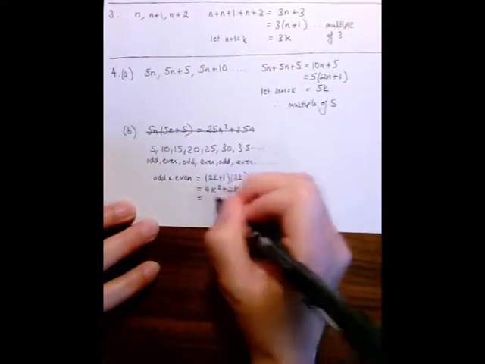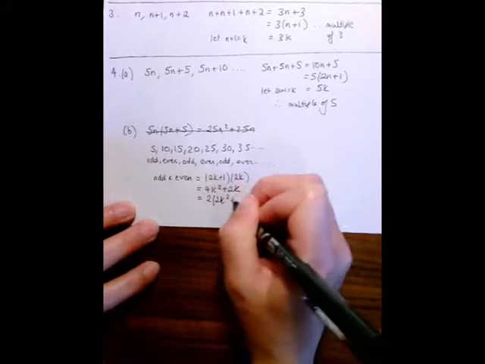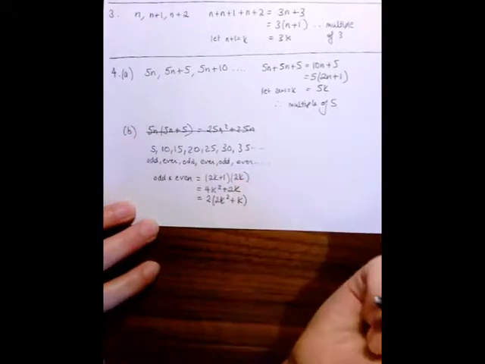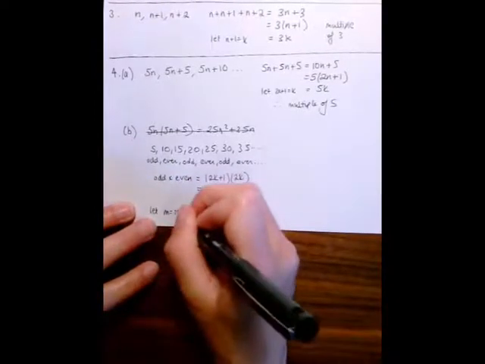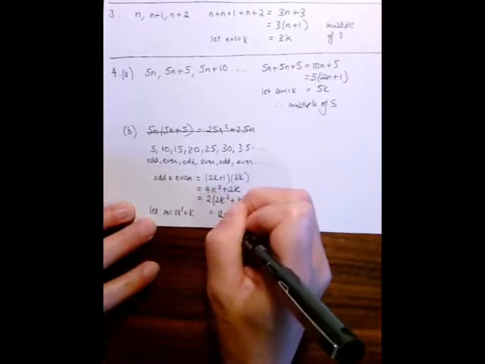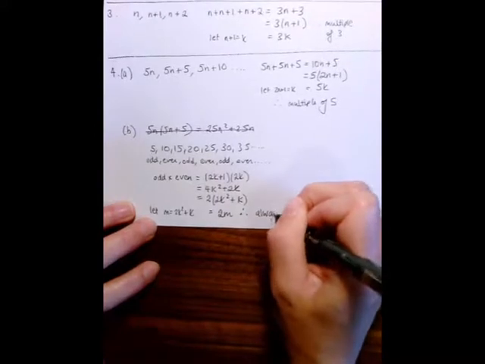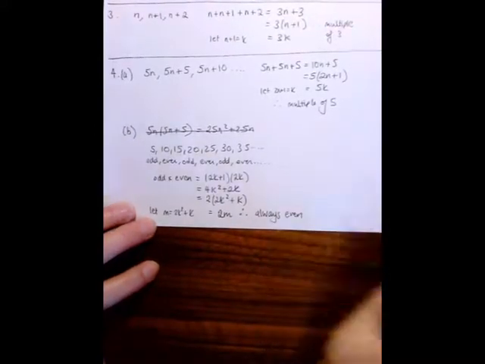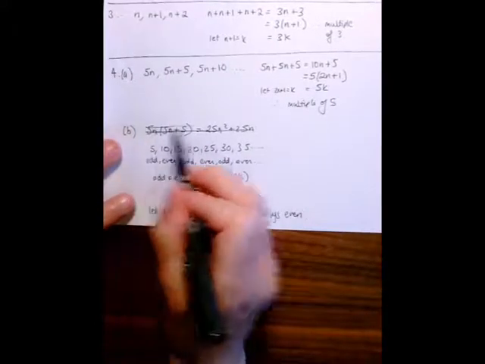And that definitely has a factor of 2 that will come out of there. So if I let m equal 2k squared plus k, this equals 2m, therefore always even. So I think looking at the actual numbers on that one is a little bit more straightforward.